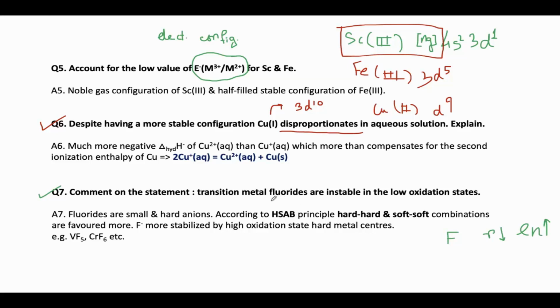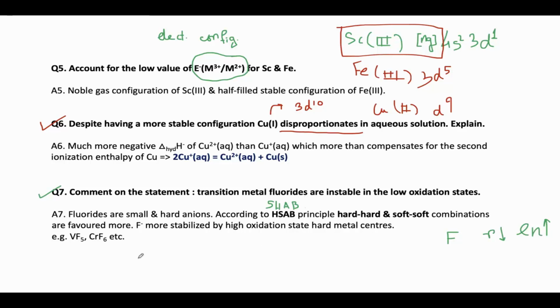Some denote this principle as the SHAB principle, or you can denote it as the HSAB principle. It is denoted in the abbreviated format, and its full name is either soft hard acid base or hard soft acid base. So which are soft and which are hard?